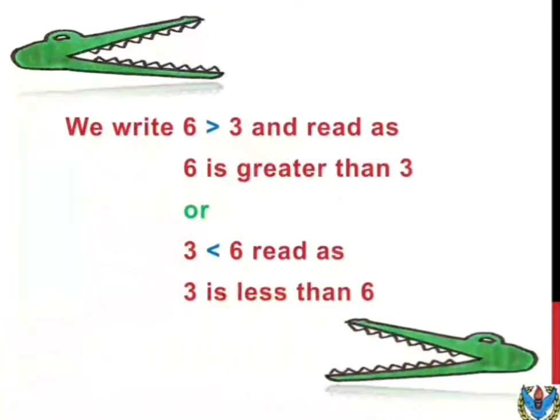Now we write 6 is greater than 3 and read it as 6 is greater than 3. Or we can say that 3 is less than 6 and we read it as 3 is less than 6.